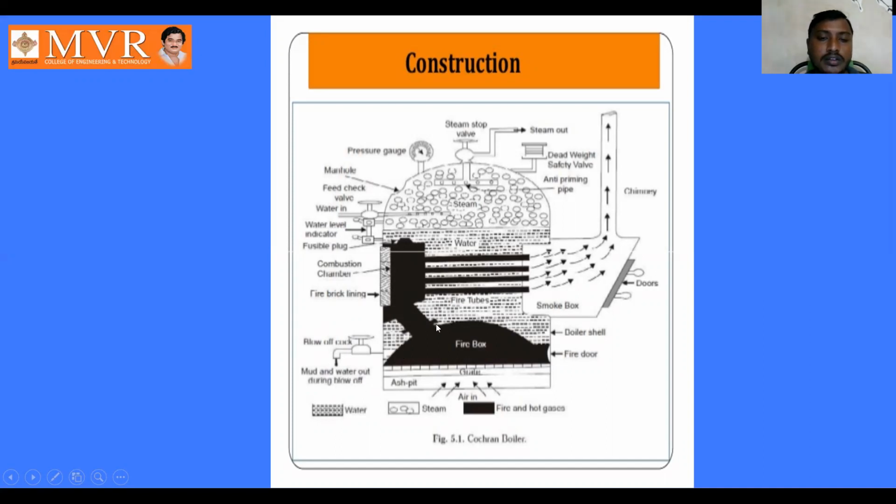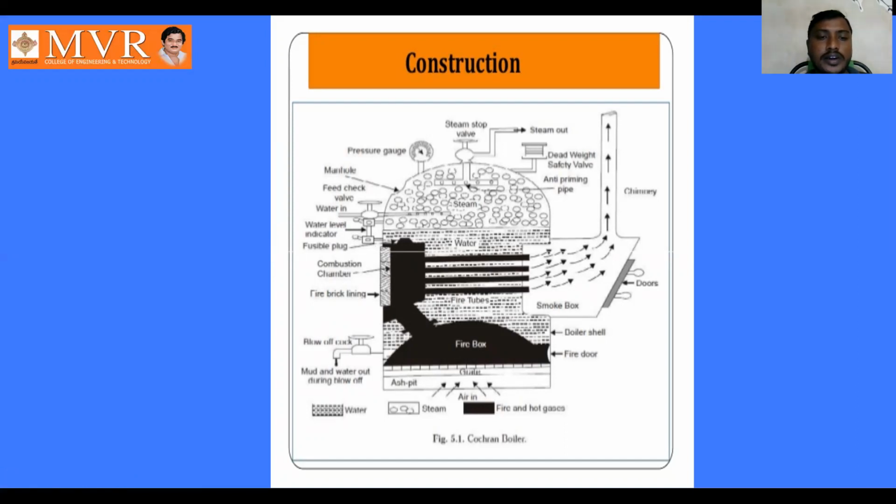The sediments formed under the boiler are collected through this blow off cock. See here, fire brick lining is here, and the combustion chamber is in front of the fire brick lining, and we are having the fusible plug to control the steam.